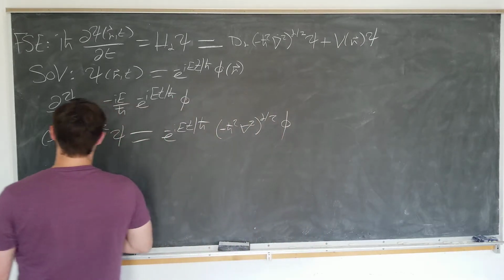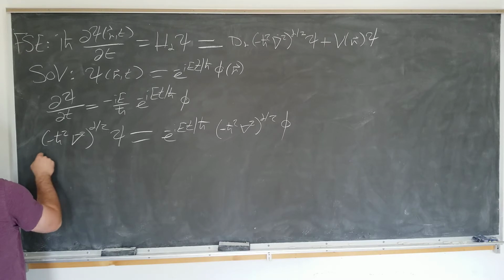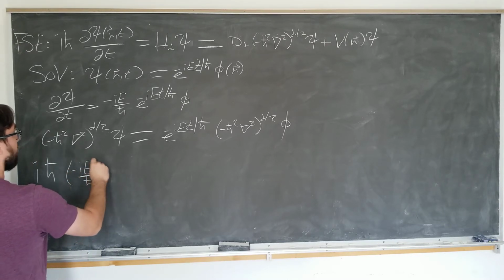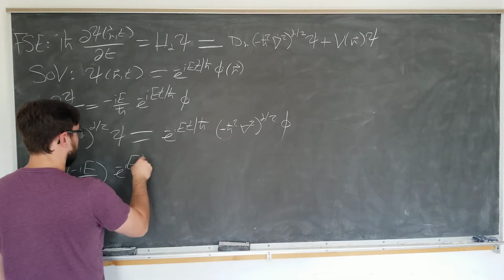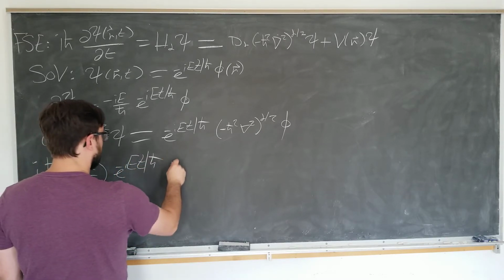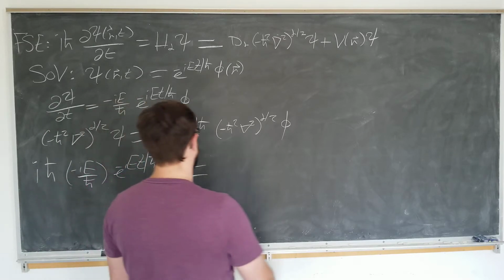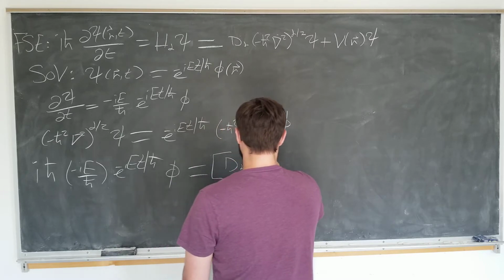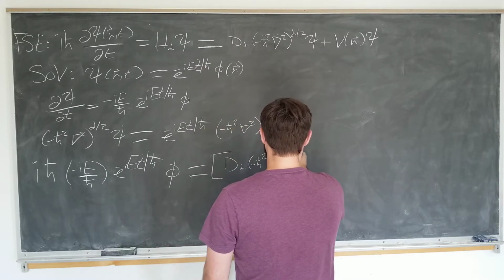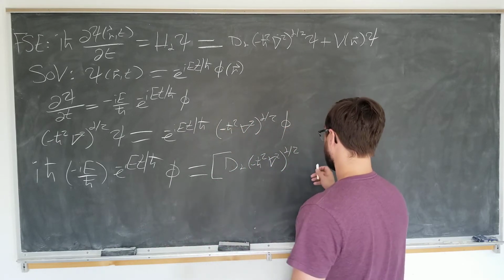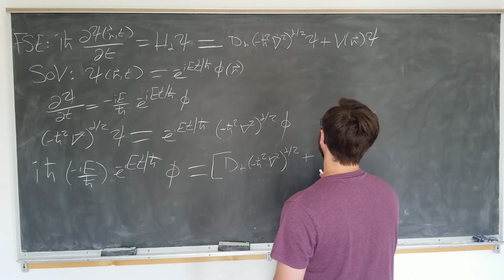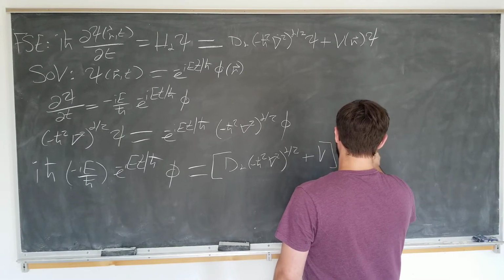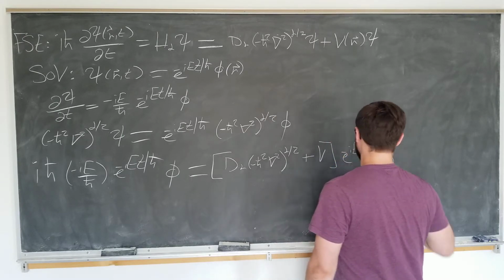So when we put this into the Schrodinger equation, it's going to tell us that i h bar times minus iE over h bar times e to the minus iEt over h bar times phi is just equal to H psi. So we're going to have D alpha times minus h bar squared Laplacian to the alpha over 2 power plus the potential acting on e to the minus iEt over h bar phi.